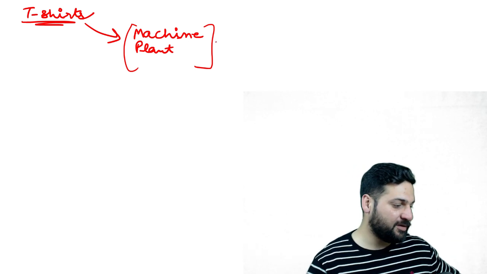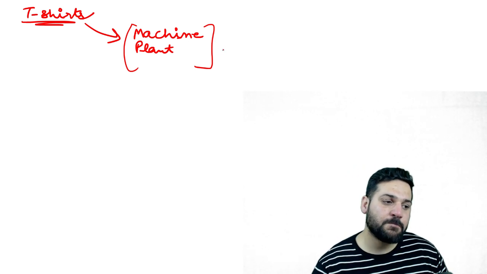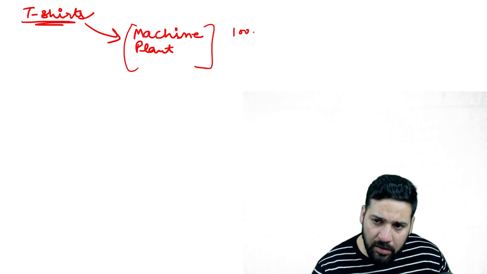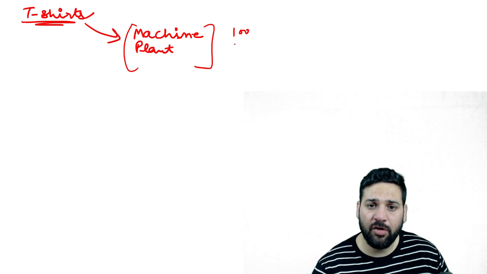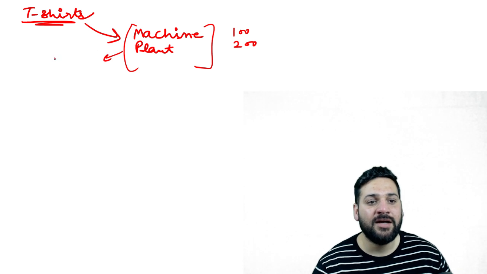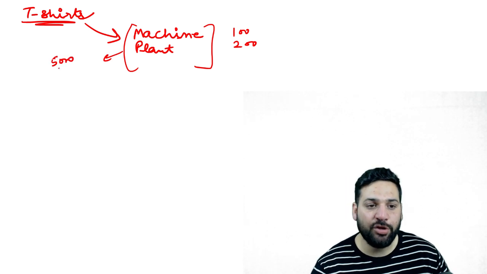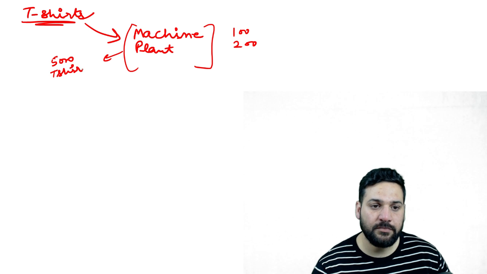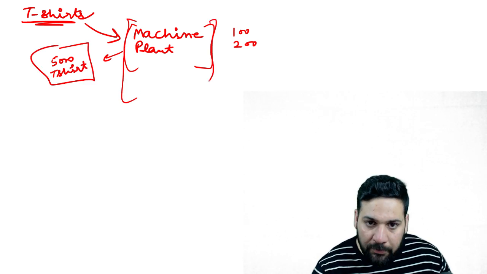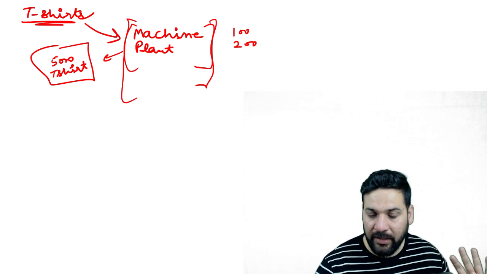So the fixed expenses, see, even if you are manufacturing 100 t-shirts, or even 200 t-shirts, let's say the limit of this plant or machinery is 5,000 t-shirts per day. With the help of this particular setup, you can manufacture 5,000 t-shirts per day.